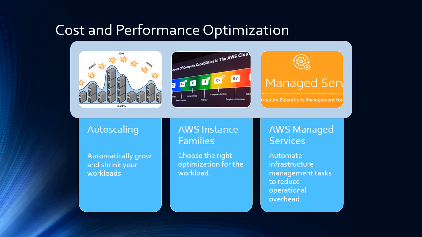Other optimizations include the flexibility afforded by different service types and family types. For EC2 alone, we can use CPU optimized or memory optimized or storage optimized or high performance compute that leverages GPUs and hardware accelerators.